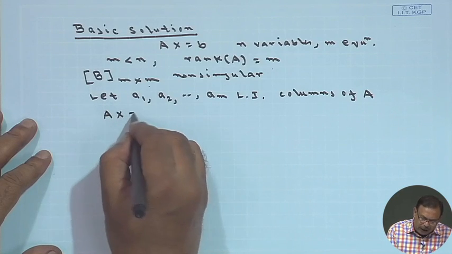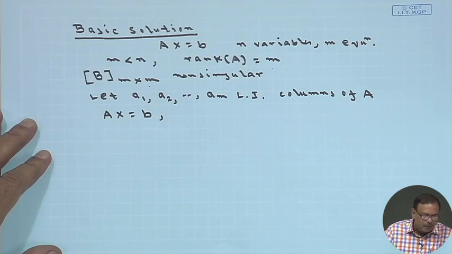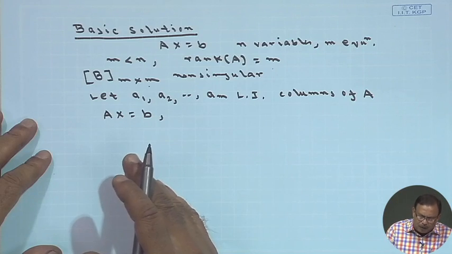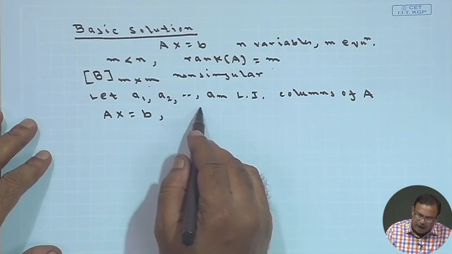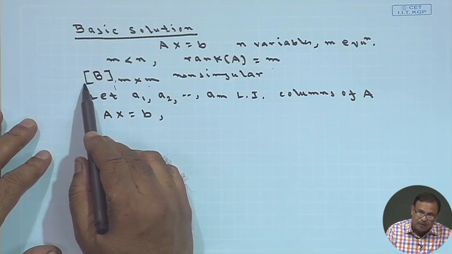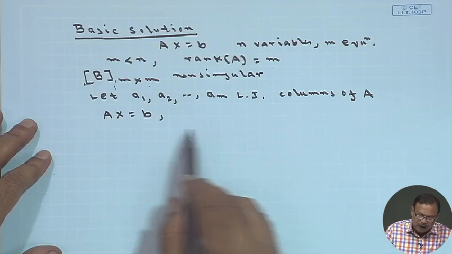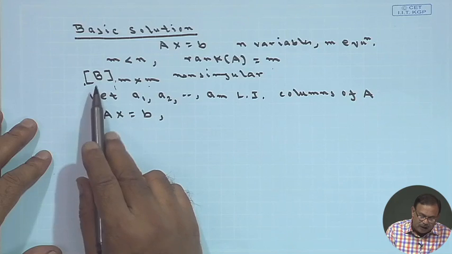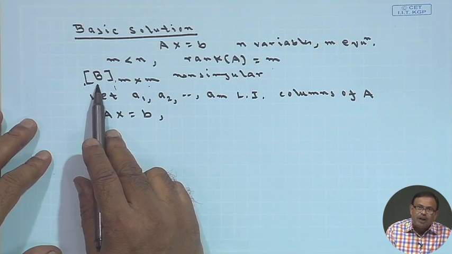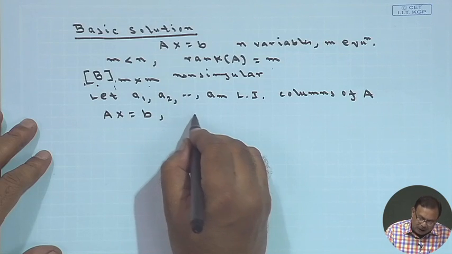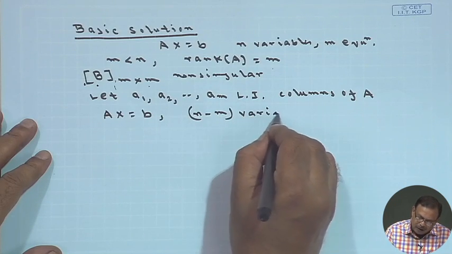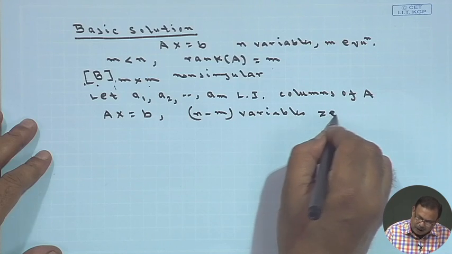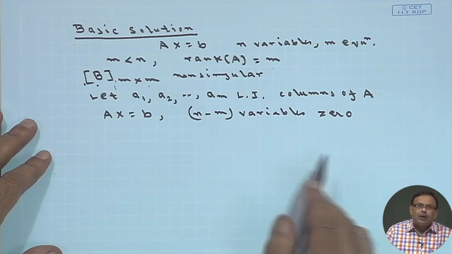Now your Ax equals B can be transformed into a system with m equations and m unknowns, which I am representing by B, and the remaining n minus m variables will be 0.